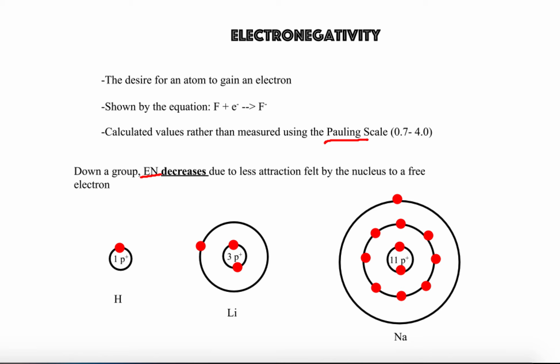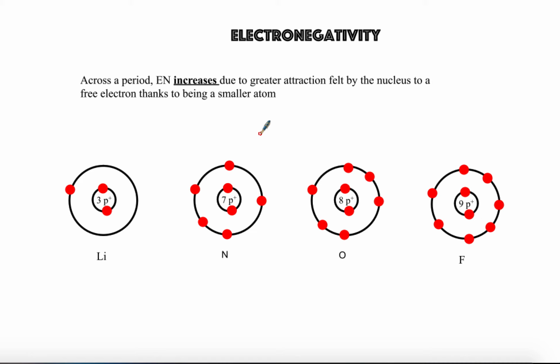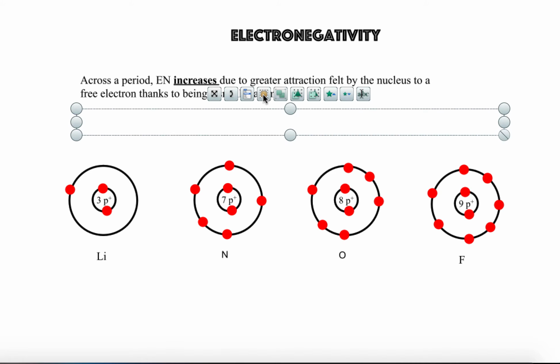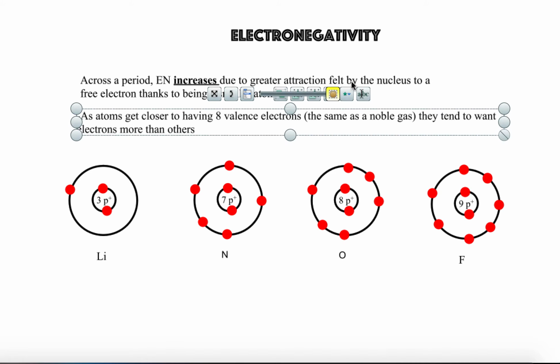When we talk about going across the period, there's more attraction because, again, the shielding is constant. So because there's more attraction going across, the electronegativity will increase. Going across, the desire to gain an electron is going to increase because the atom is getting smaller, and there's more and more attraction.